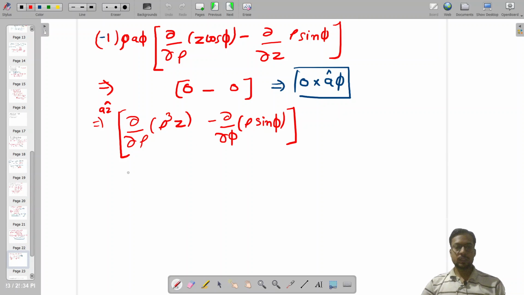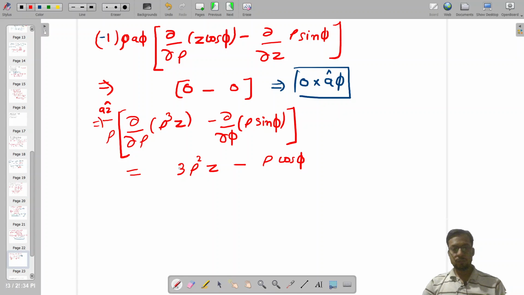Evaluating this differentiation, we have 3 rho square z minus rho cos phi, and of course 1 by rho.